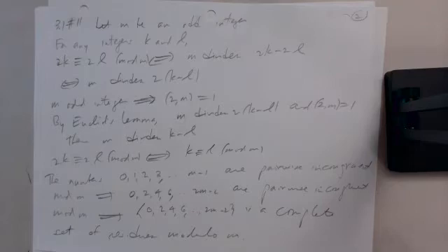So for instance, the set of all integers is a group for addition, but it's not a group for multiplication. It has a multiplicative identity, which is 1. It satisfies the associative law for multiplication, but it is not the case that every element has an inverse. Right.